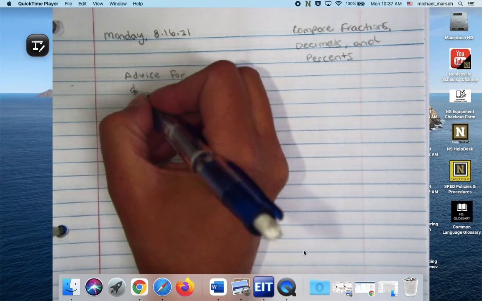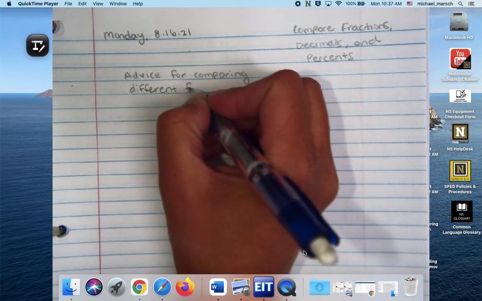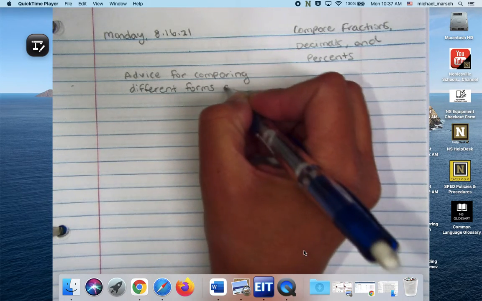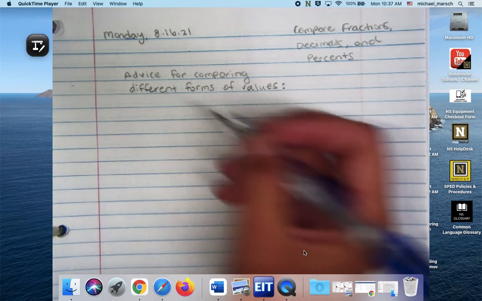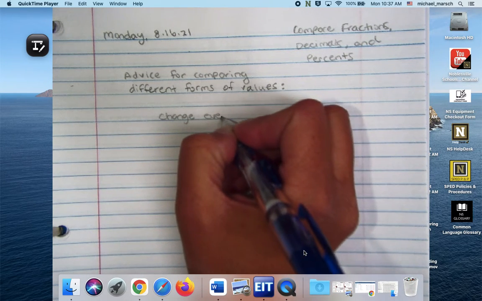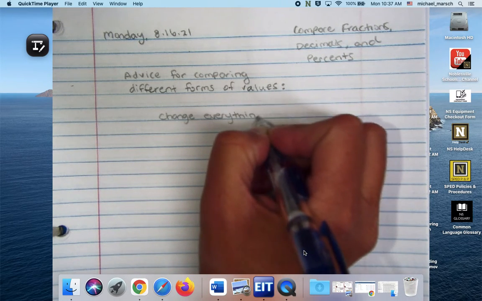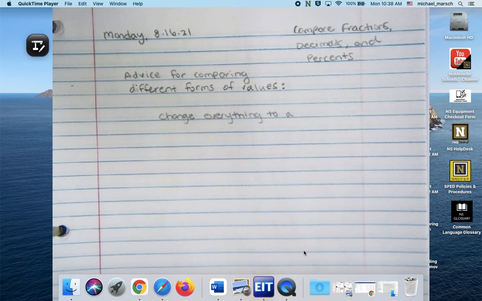Advice for comparing different forms of values. Change everything to... anybody want to guess?